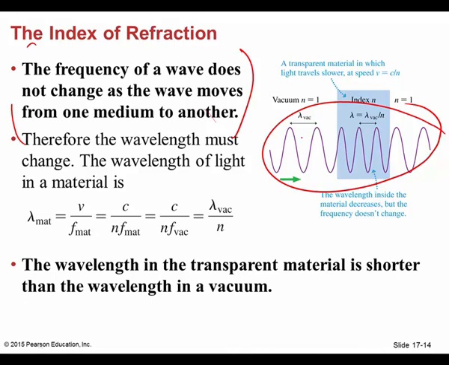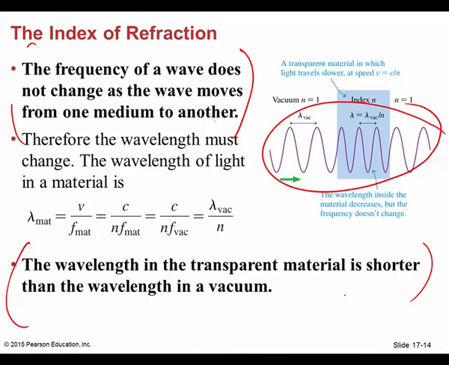Time is always constant, therefore the only thing that can change is the wavelength. The wavelength becomes shorter. So the wavelength in a transparent material, of course, is shorter than the wavelength in a vacuum.